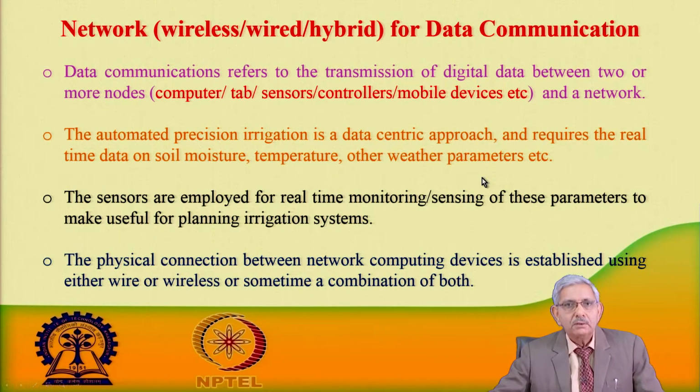When we are talking about micro irrigation, which is precision irrigation, automation of precision micro irrigation is a data centric approach. It requires real time field data: the current status of soil moisture content, and weather data such as atmospheric temperature, relative humidity, wind, atmospheric pressure.